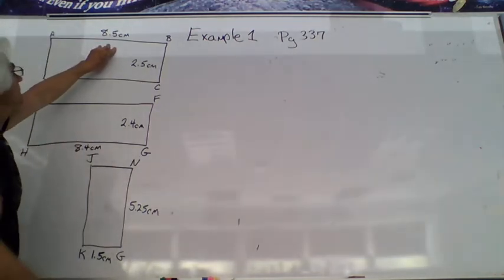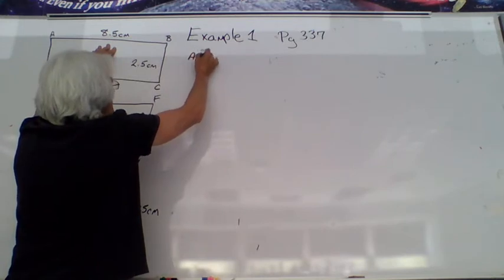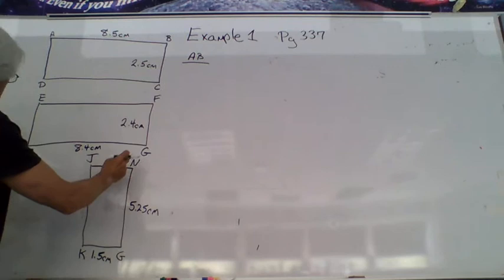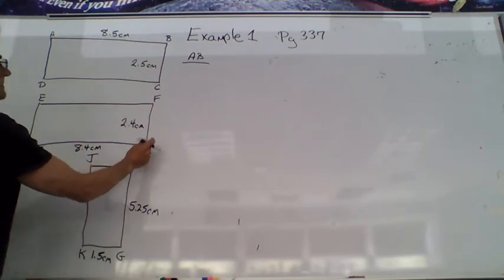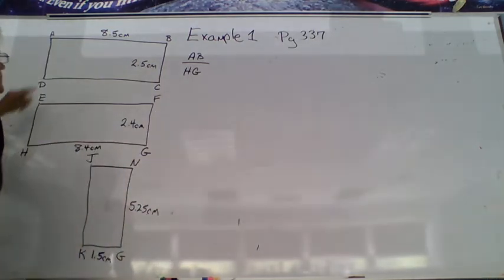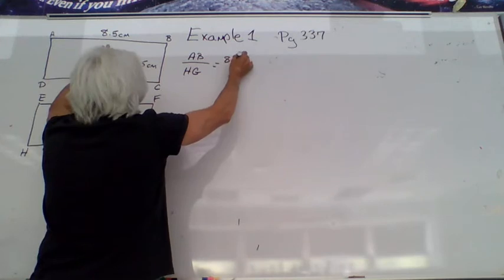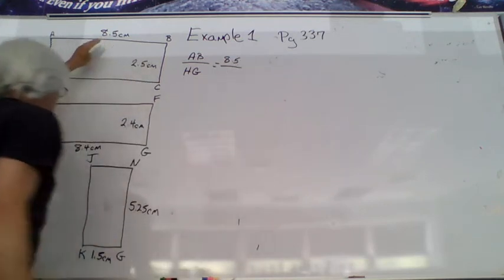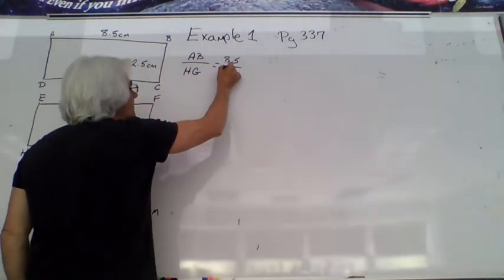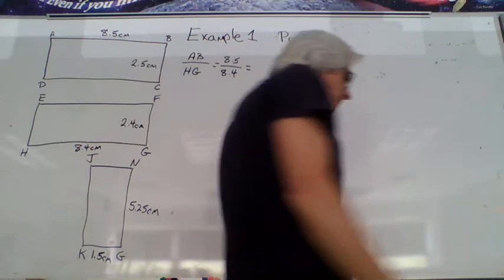So here's where I'm going to start. Side AB, I'm going to put that over side HG. The length of AB is 8.5. The length of HG is 8.4. So now I'm going to take my calculator.